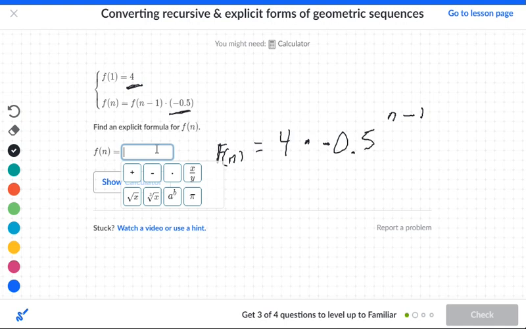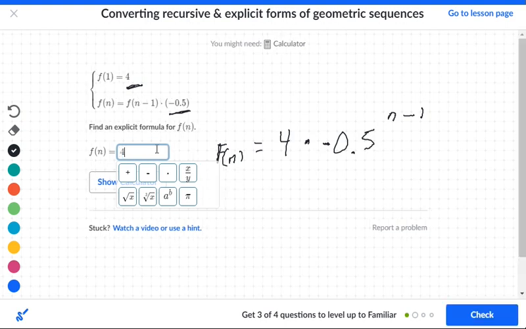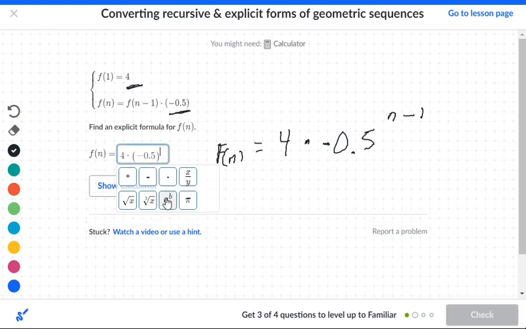So we start off with the 4. So we say 4 times. Now remember, like I said, we have to use parentheses here. So we're going to say a negative 0.5. So we want to go 0.5. And now we want to use the A-B key here to get our exponents up. Let's use some more parentheses here.